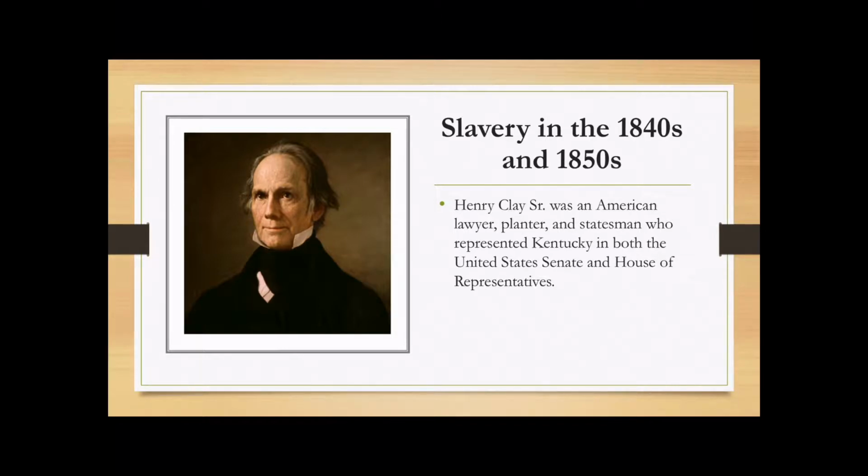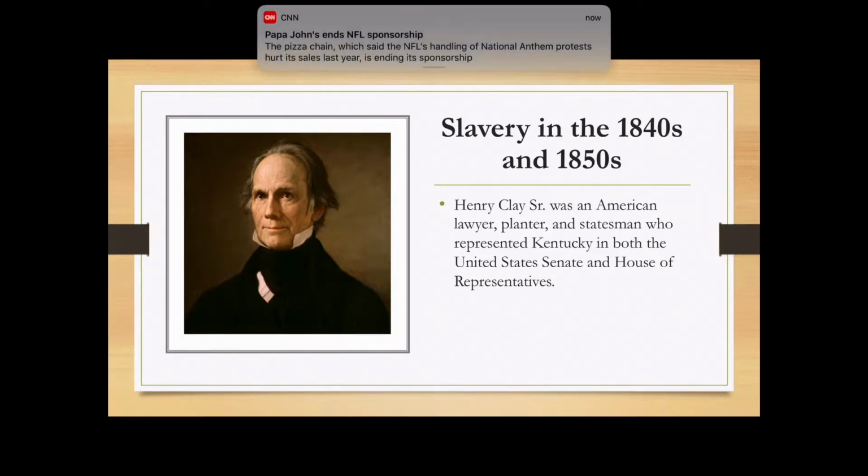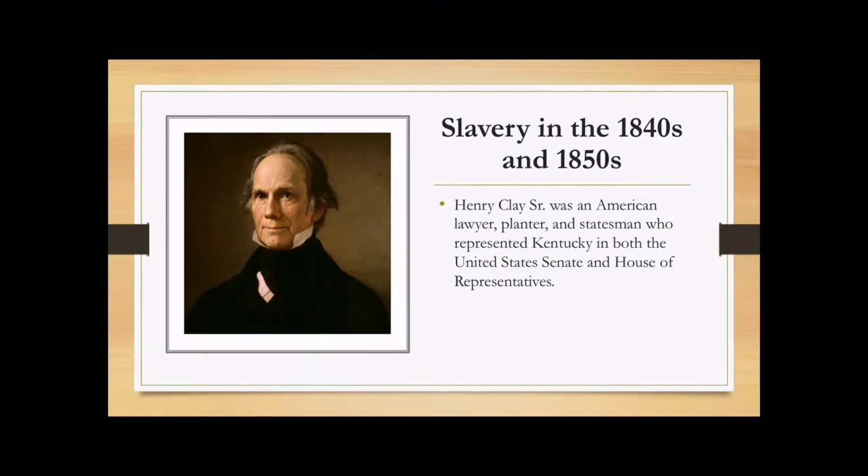The terms of the bill included that Texas give up its disputed land in exchange for $10 million to be paid to Mexico; New Mexico, Nevada, Arizona, and Utah territories were defined, while leaving the question of slavery off the table, and the issue would be decided when the territories applied for statehood. In addition, the slave trade would be abolished in the District of Columbia, although slavery would still be permitted in the nation's capital.